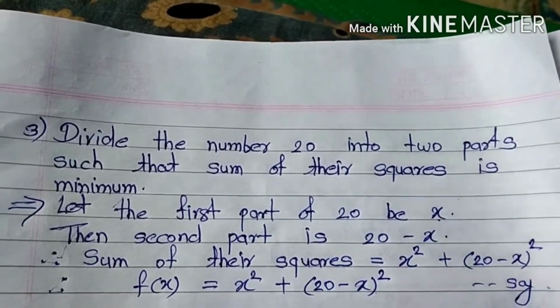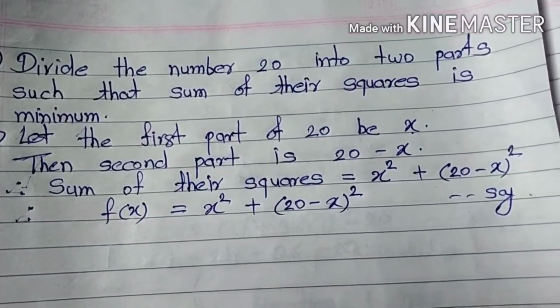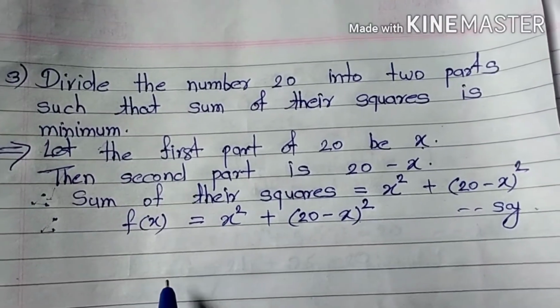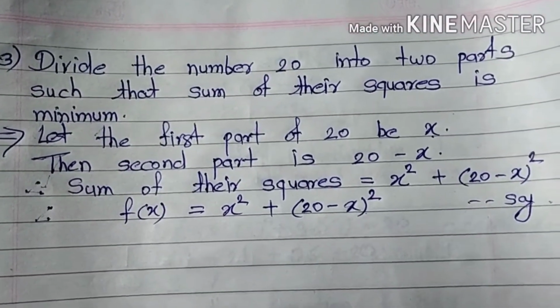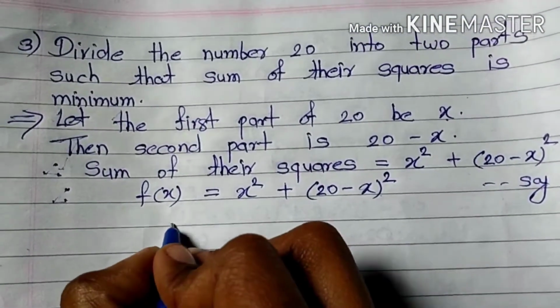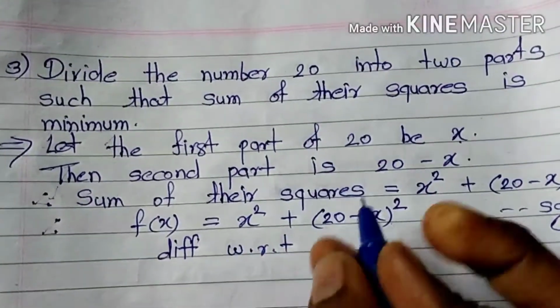Okay. Now, as a procedure, first differentiate it, then find f dash of x, f double dash of x, then find extreme values, then stationary points, and then check minimum value. So, first differentiate with respect to x.